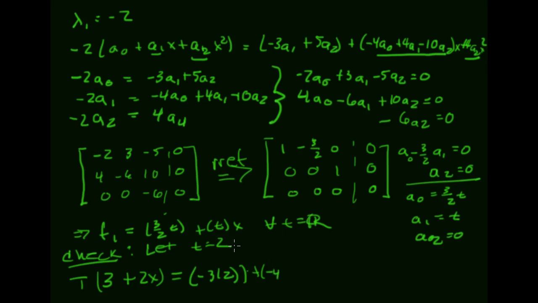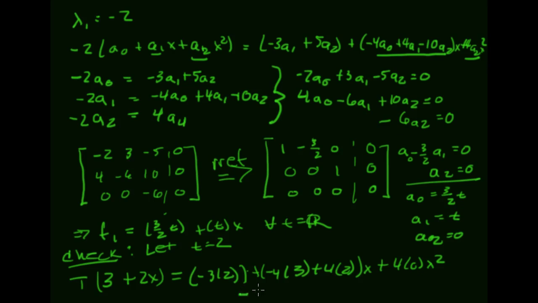That's not correct. No, it is 3 plus 2x. Yeah, that's going to give me negative 3 times 2, negative 4 times 3, plus 4 times 2 times x, plus 4 times 0 times x squared.